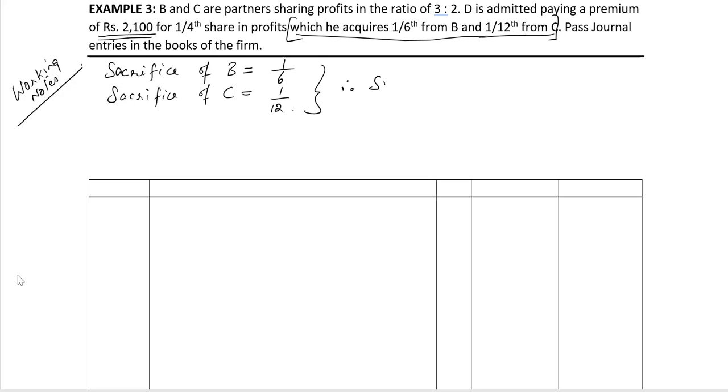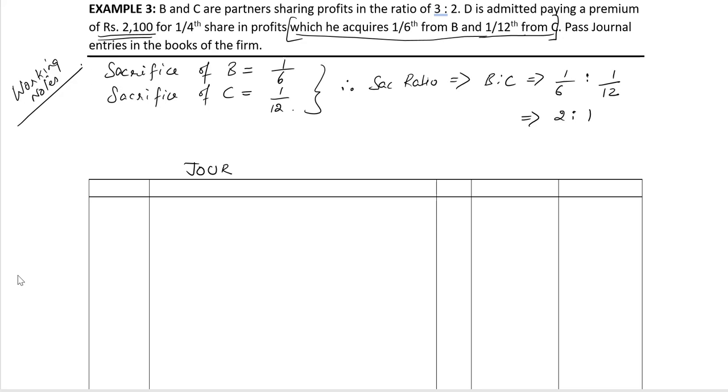Hence, the sacrificing ratio between B and C is 1/6 is to 1/12, or in other words 2 is to 1.